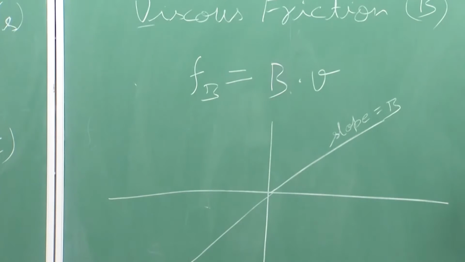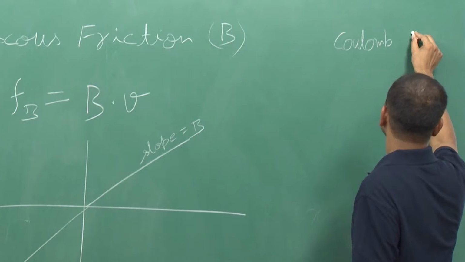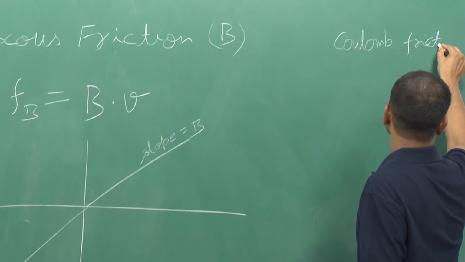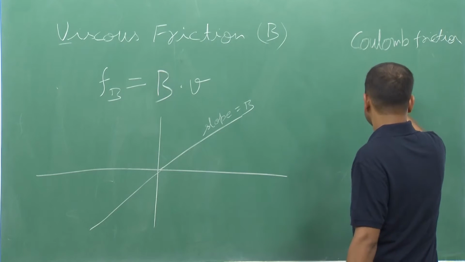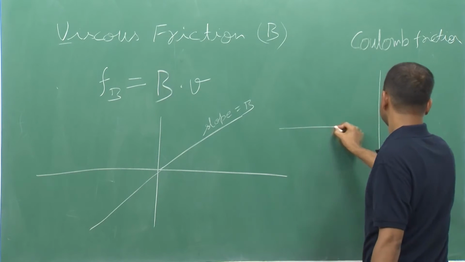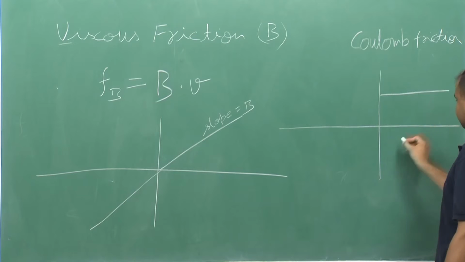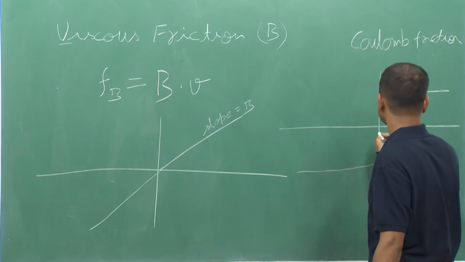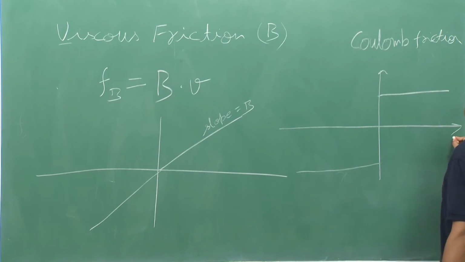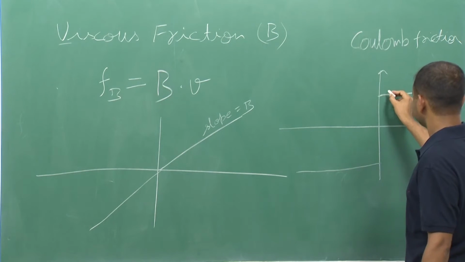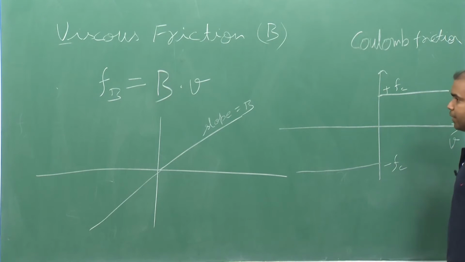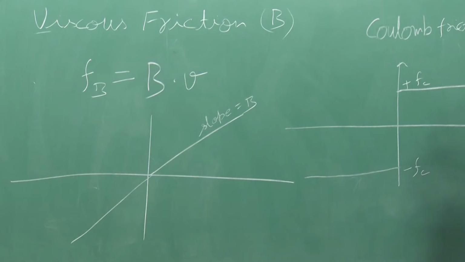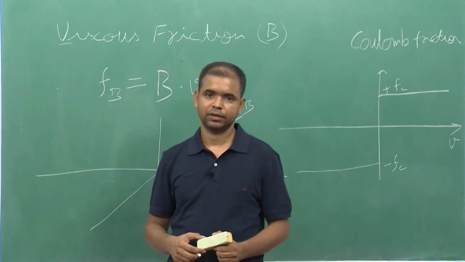The third type of friction is Coulomb friction. This is constant in nature: once the object starts moving, a constant force is applied on the body, and whatever the value of the velocity is, it will remain constant. In our study, most of the time the friction we observe is viscous friction.